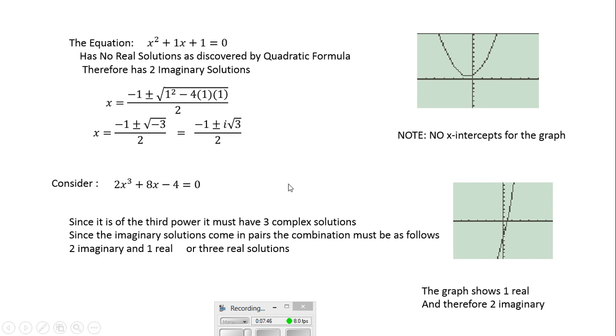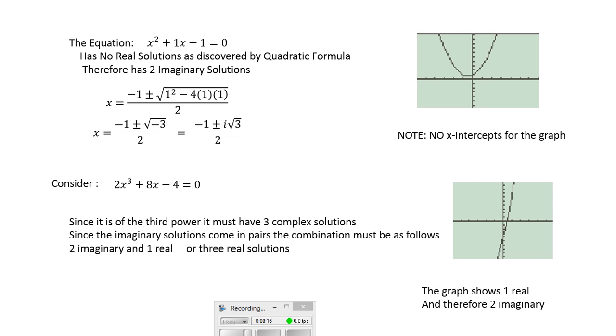Here again, we look at now a cubic expression. The cubic expression would have three complex solutions, owing to the fact that if there are imaginary solutions, they would have to come in pairs. So we might say, well, if we had imaginary solutions, there would have to be two of them, leaving us with one real solution.